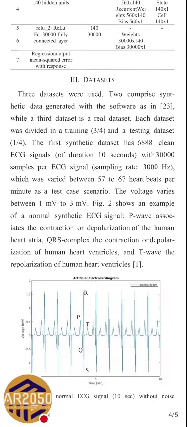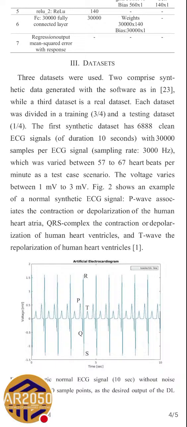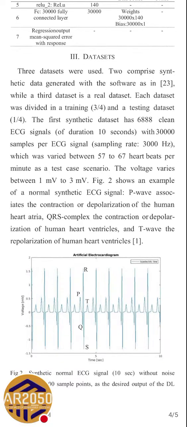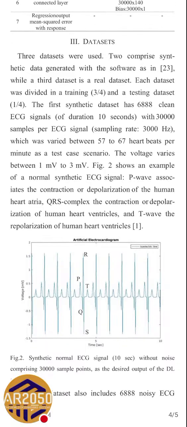The first synthetic dataset has 6,888 clean ECG signals of 10 seconds duration, with 30,000 samples per ECG signal, because the sampling rate was 3 kilohertz, with heart rate varied between 57 and 67 heartbeats per minute as a test case scenario.